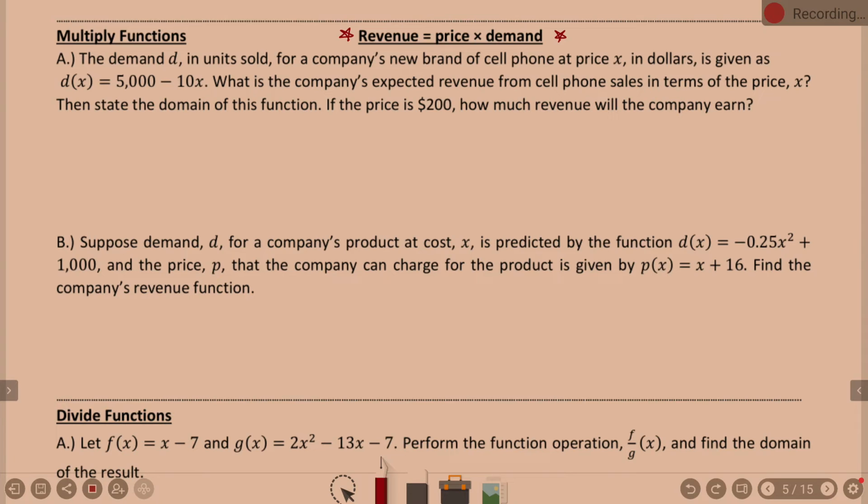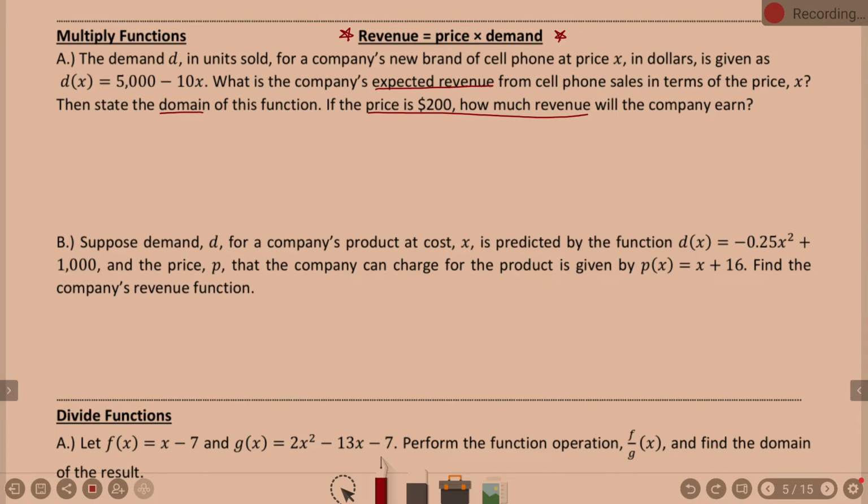And then if the price is 200, how much revenue will the company earn? So there are 3 questions we're going to be answering here. What is the company's expected revenue? We're going to be asked about domain. And then if the price is 200, how much is revenue?